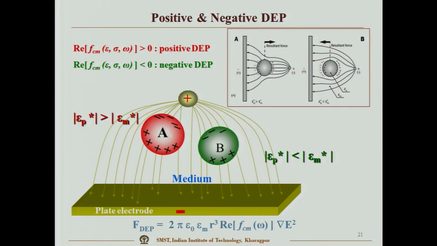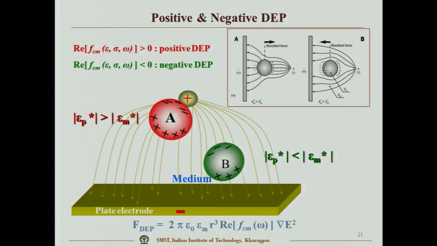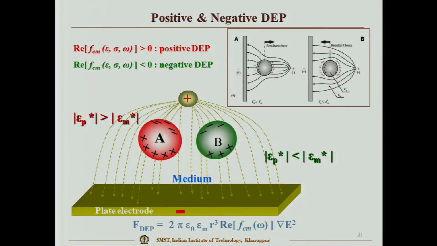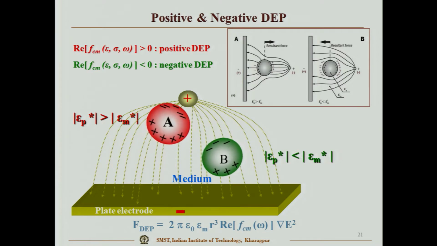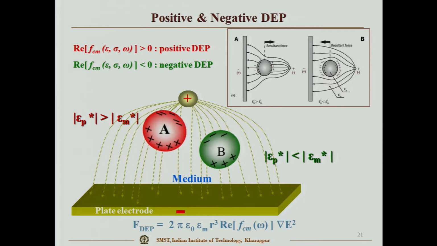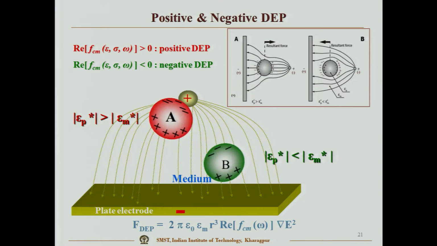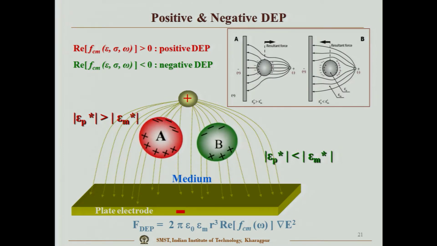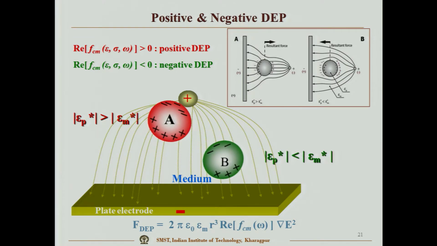The dielectric constant of the media being much more than that of the particle will be decided by how much charge distribution is there. So, for this case the particle will move towards the lower electric field side.